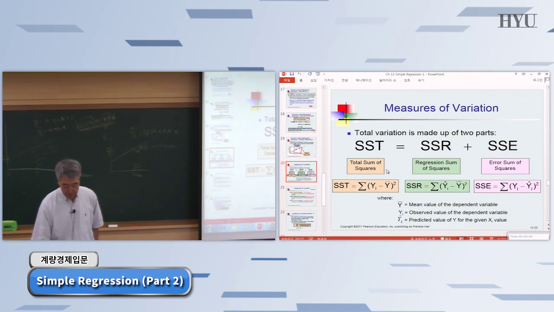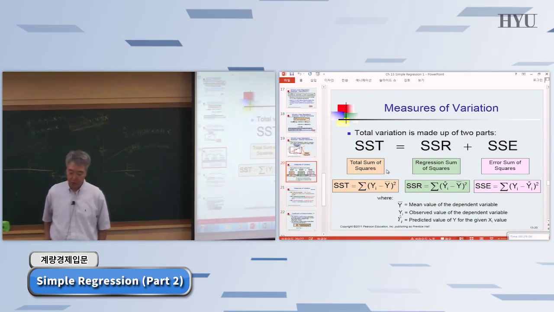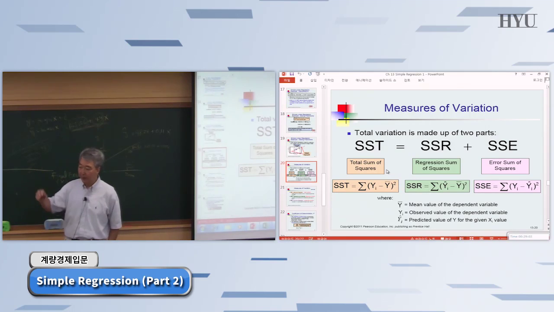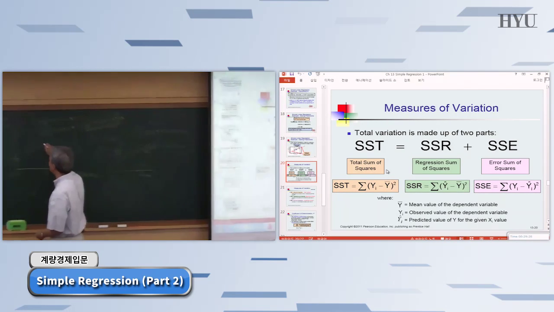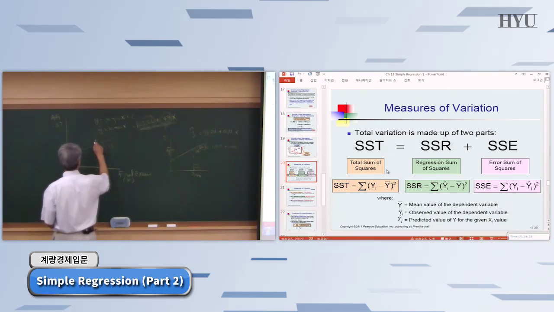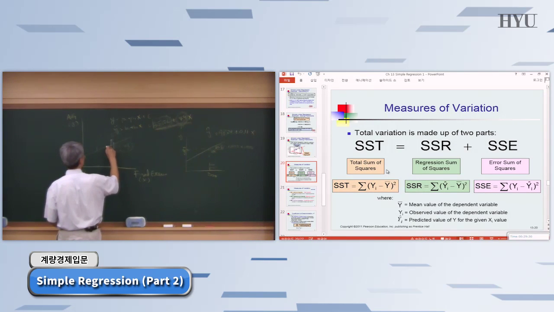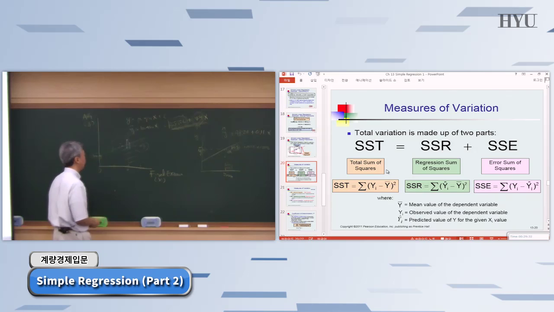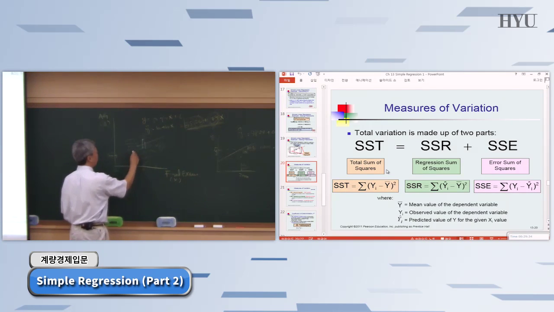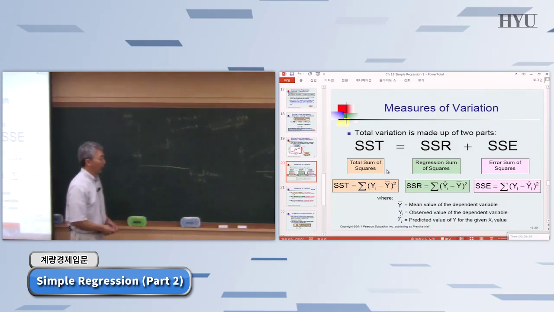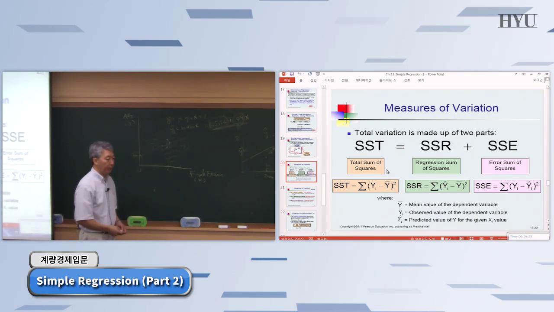Okay, so this is a very obvious relationship, right? Out of the total variation, we're talking about out of all the variations, of these y values, right? Some are explained by the regression line, some are not.